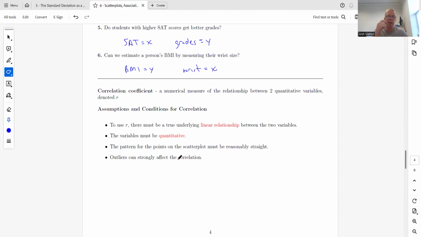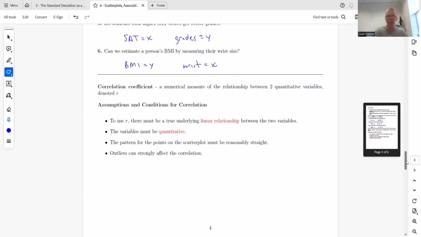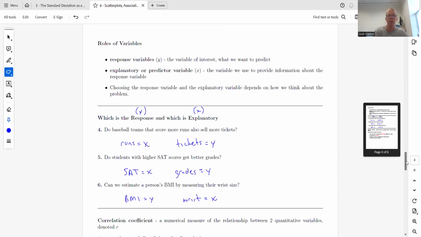So even if you have one outlier, depending on how far out it is, if you have an obvious outlier, that's going to drastically affect the correlation. And so, like we talked about in chapter 4, look at the outlier, see why it is an outlier, if it's an error, that kind of thing. So those are highly effective on the correlation.